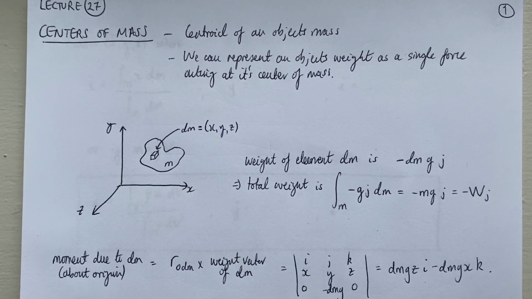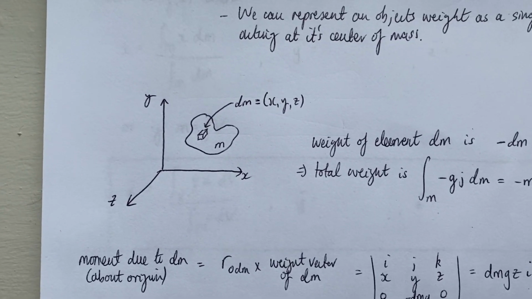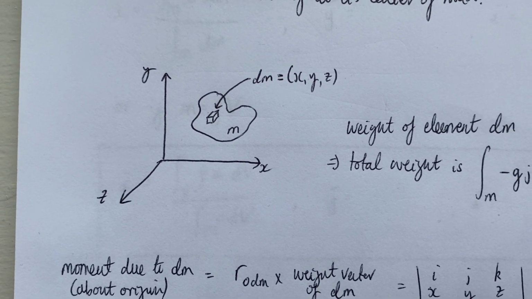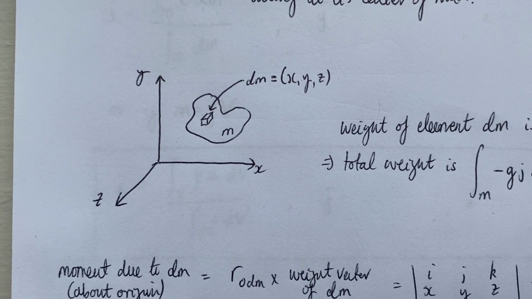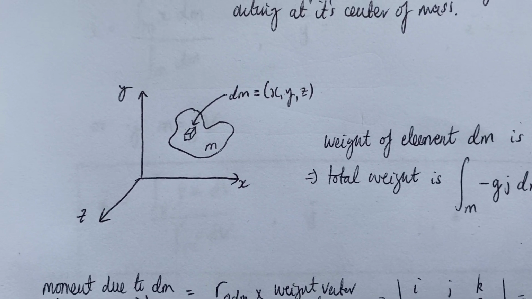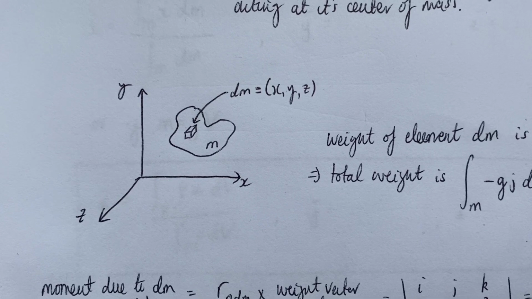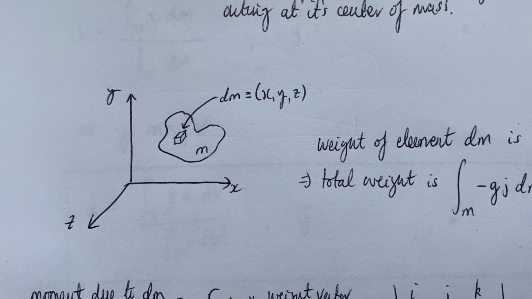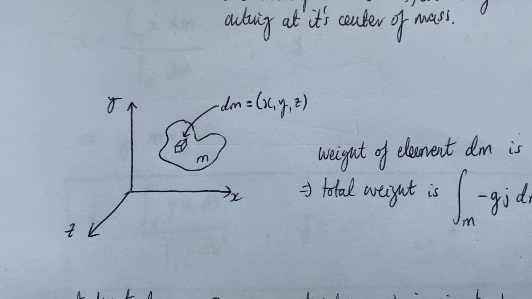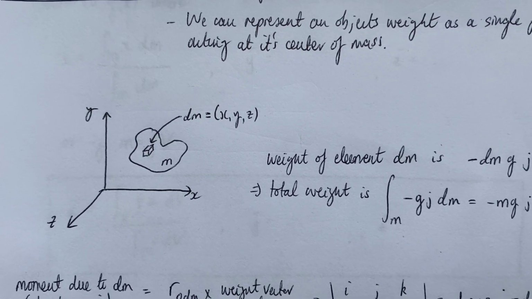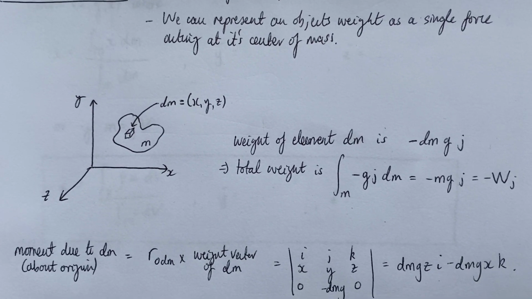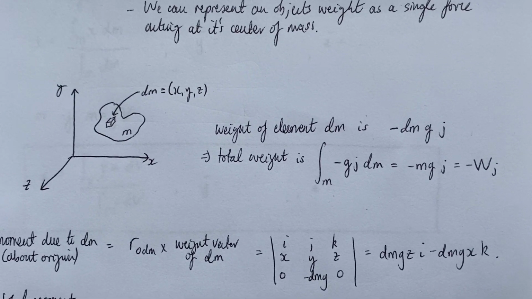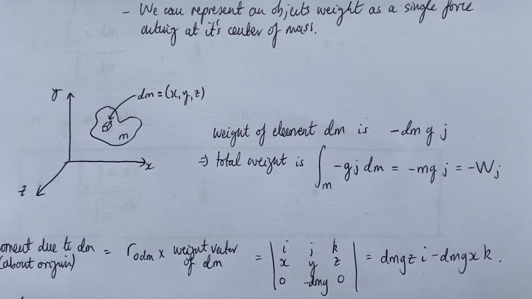So what we have down here is a sketch of this arbitrary blob which has mass little m, and if we split up that blob into little pieces which each have mass dm located at the position x, y, z, we can find the weight of each of those little pieces as the mass, which is dm, multiplied by the acceleration due to gravity, g.